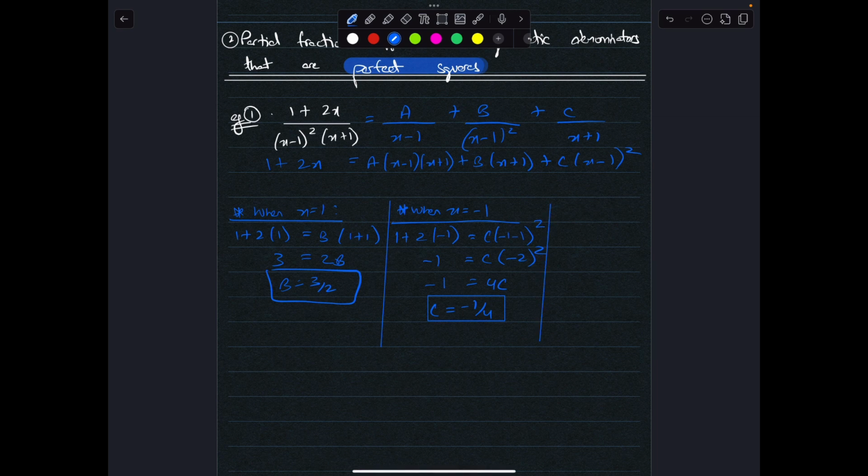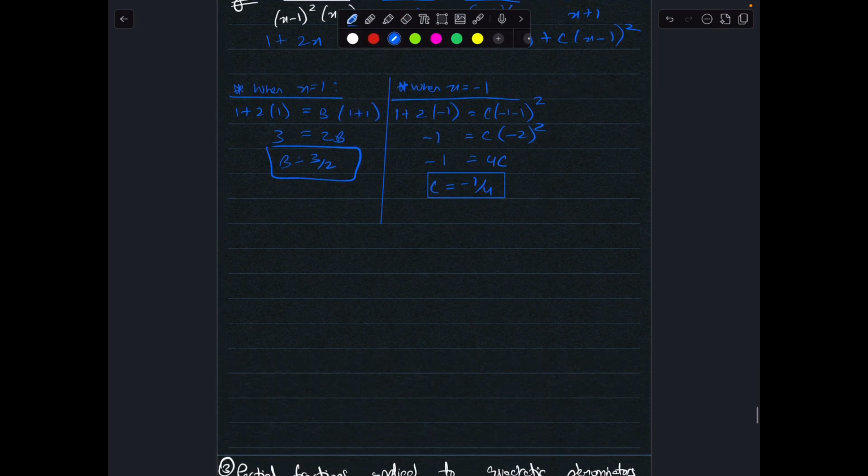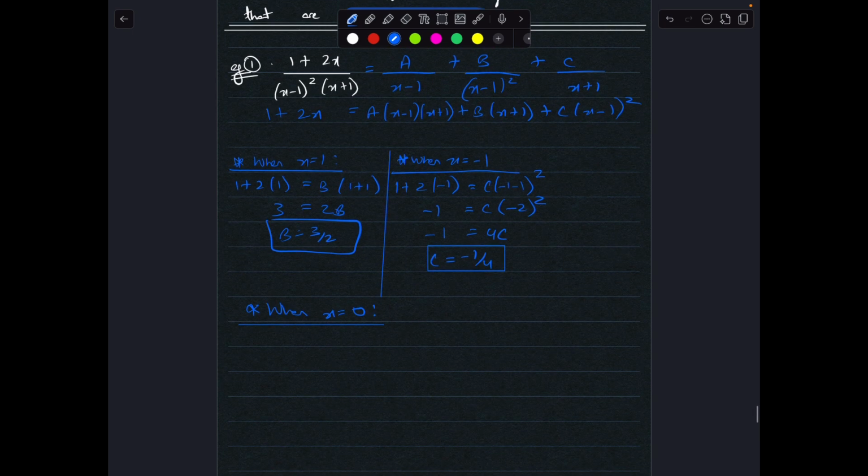And finally, I'll be left to find a. When x is equals to, I cannot cancel anything off, so let's take it to be a simple number, when x is equals to 0. So wait a second, I need more space. So when x is equals to 0, I'll write this thing as 1 plus 2 into 0 is equals to a into 0 minus 1, 0 plus 1, and plus 3 over 2 substituting b.